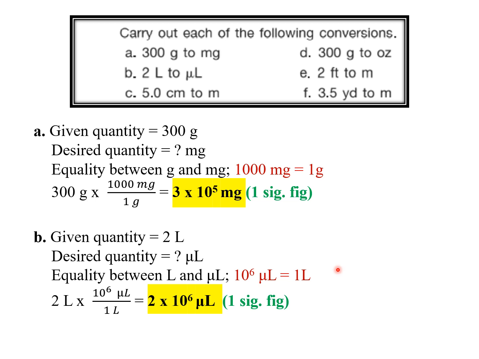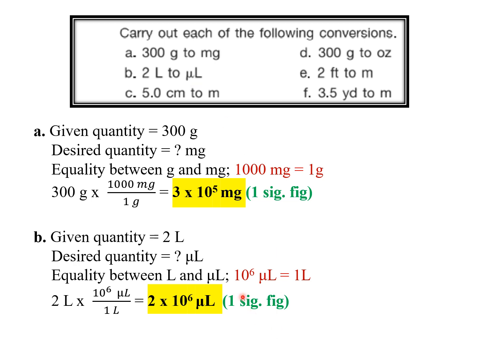For other smaller and larger volume measurements, we can add prefixes like milli, centi, deci. For larger units, kilo, mega, giga, to relate to the base units. So here the microliter: micro always means 10 to the power minus 6.